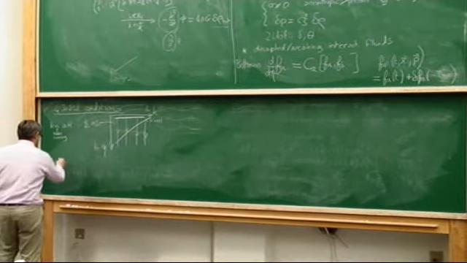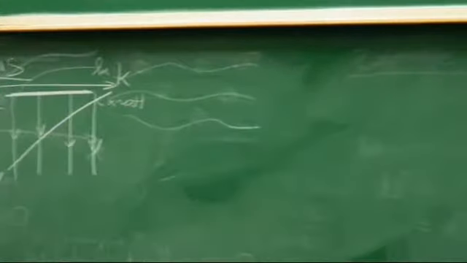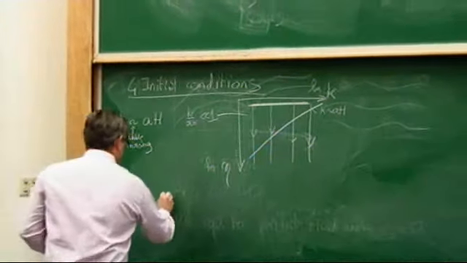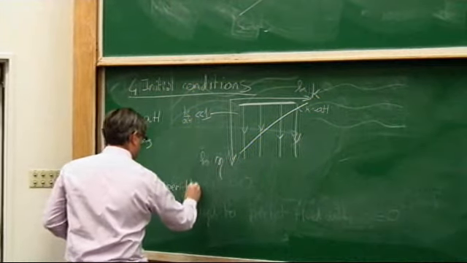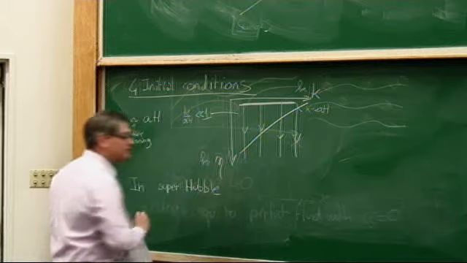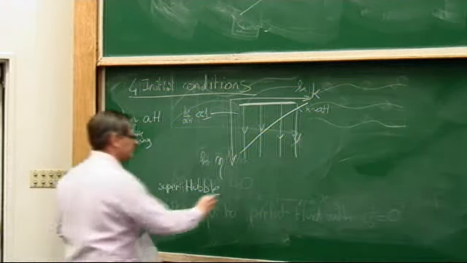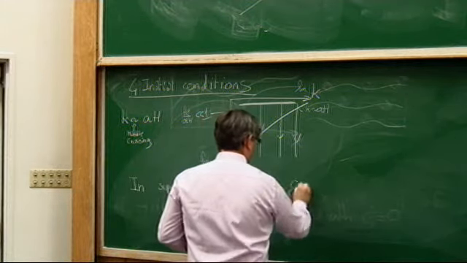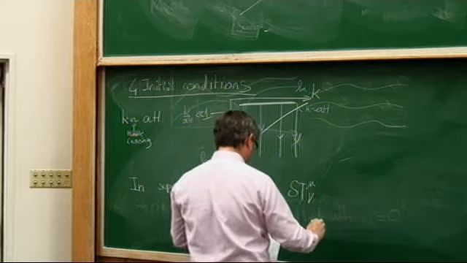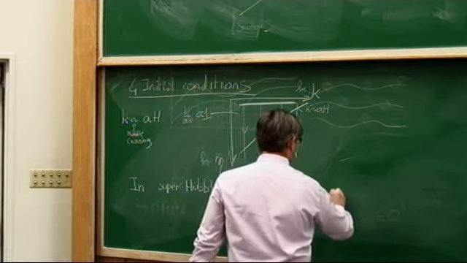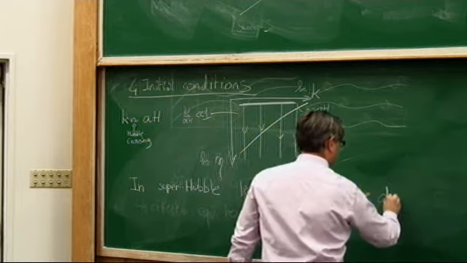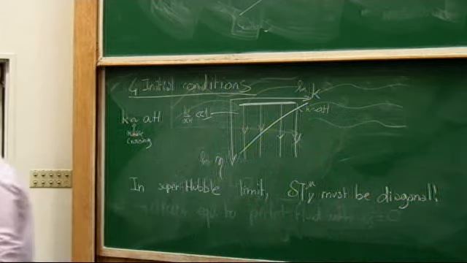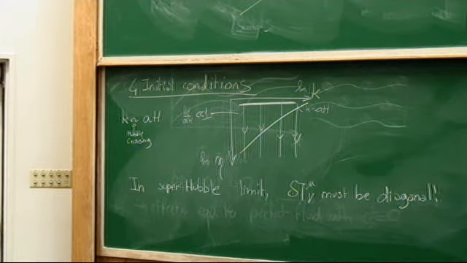I'm going to say something. It's a claim which is very important in many contexts in cosmology. It's always good to have it in mind. In the super-Hubble limit, so for modes with a wavelength larger than the Hubble radius, I infer from first principles that the perturbed T mu nu, delta T mu nu, must be diagonal, which also restricts, of course, the possibilities for the initial delta T mu nu.